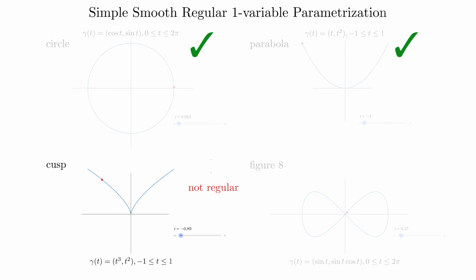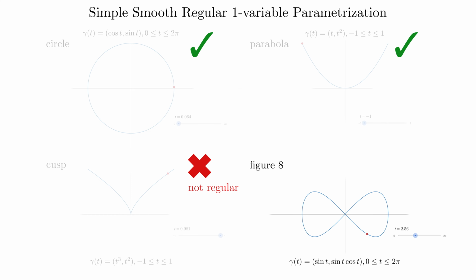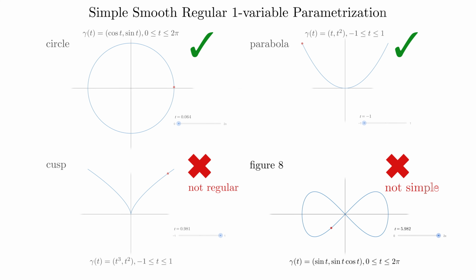No 2 spots are the same for the ant. Simple too. Finally, the ant on the figure 8 visits the origin 3 times. Not simple. Hallelujah. We've managed to find the properties that match our intuition with these 4 examples. The circle and parabola both pass the test, and the cusp and figure 8 both fail. One is not regular, and the other is not simple.